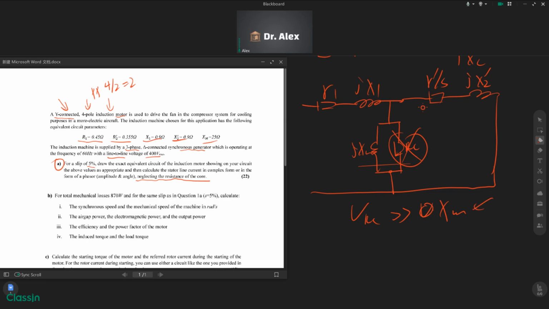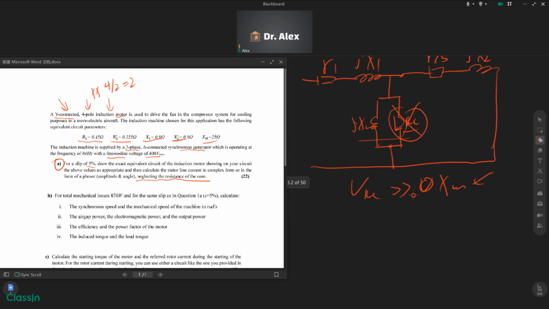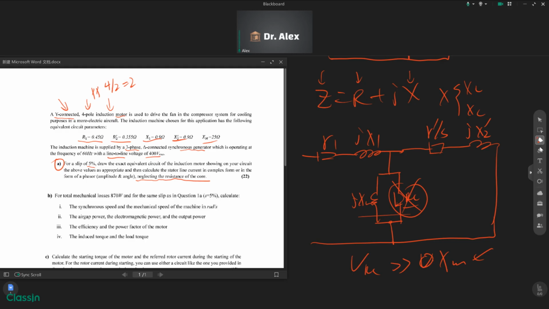So we just neglect Rc. All right, I think here we can get the result for the first one. So we just make it like this. This is jXm. So I think this one is the required circuit for our question here, right? Yeah, it should be like this.